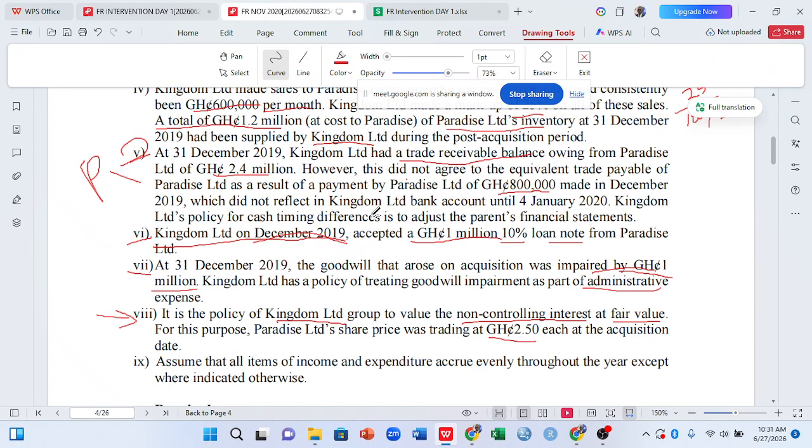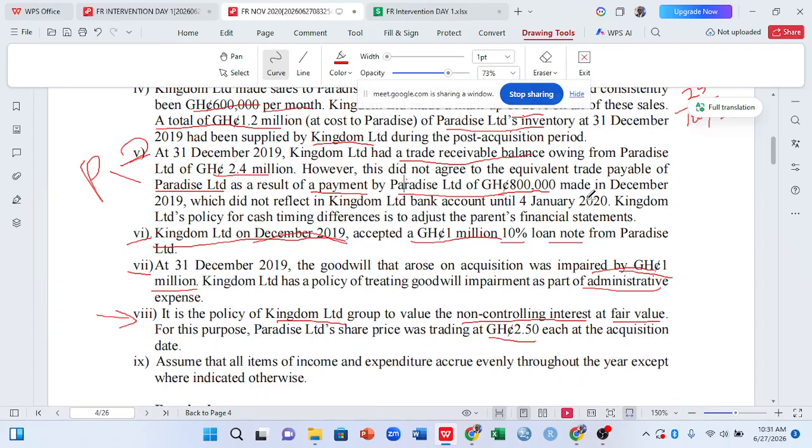Let me check this thing again. Oh no, I don't think it's 1,600. Let's read this aspect again. Is it Paradise Limited as a result of a payment by Paradise Limited of 800,000 made? So this one is a payment. So they gave you the difference rather.